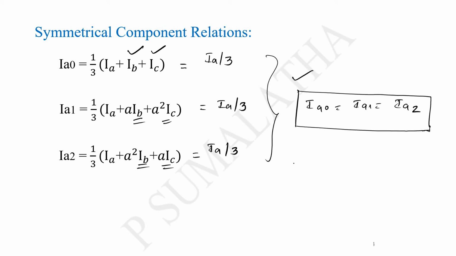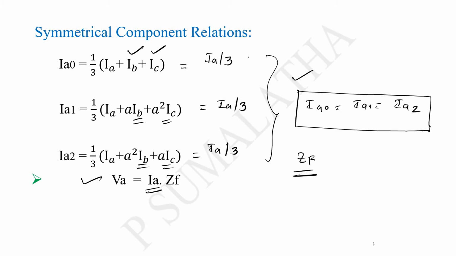Now we have a through fault impedance ZF here. So we should look for some more relations where we have to connect how the ZF will be there. And we know another terminal condition, VA is equal to IA into ZF. And we know VA, in terms of symmetrical components, you can write as the summation of the zero, positive and negative sequence components, VA0 plus VA1 plus VA2, that is equal to IA into ZF.